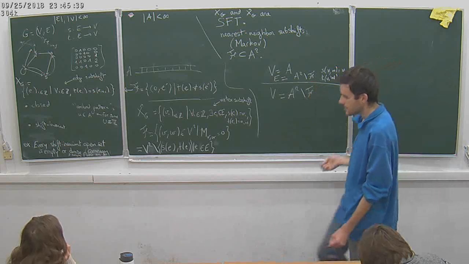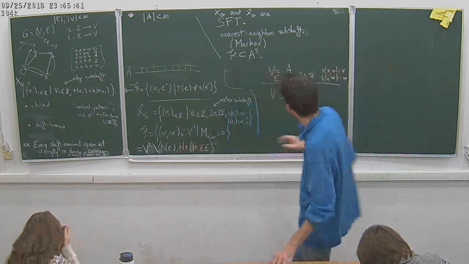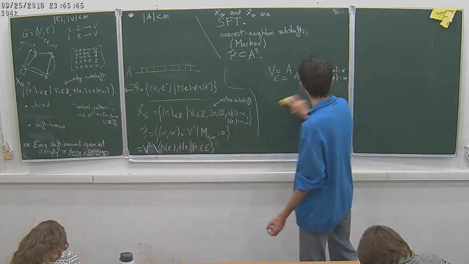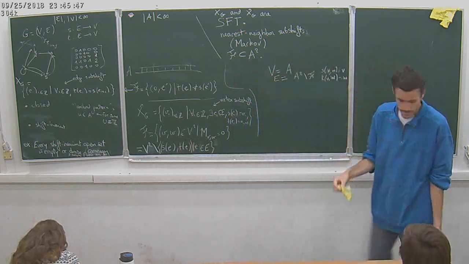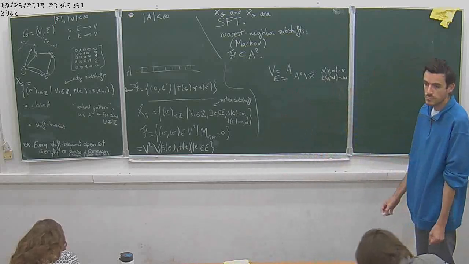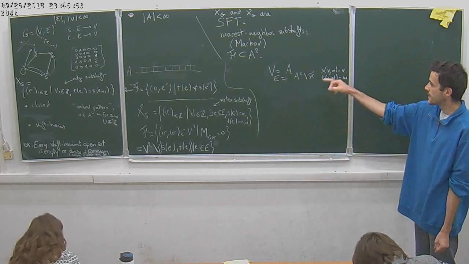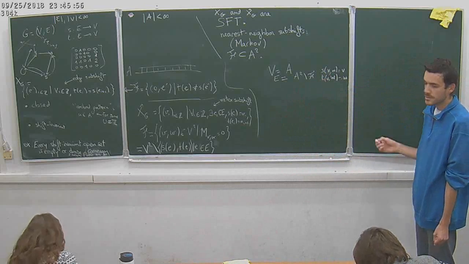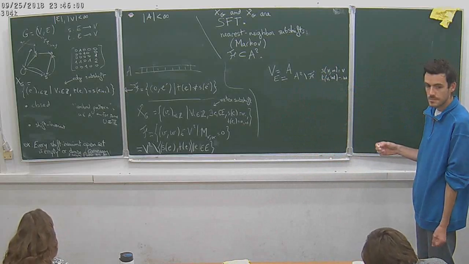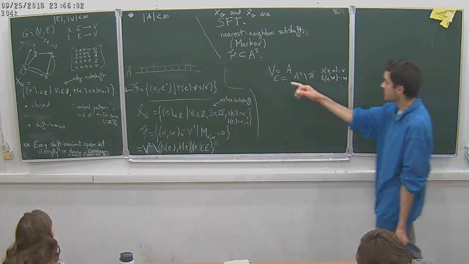Okay, so let's concentrate on the first question. Vertex subshift. Is there anything that remains to do here? Nothing. We have defined a graph. What is the vertex subshift of this? It's exactly what we want to do.